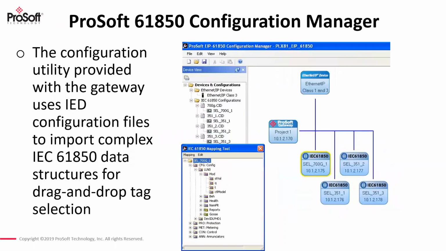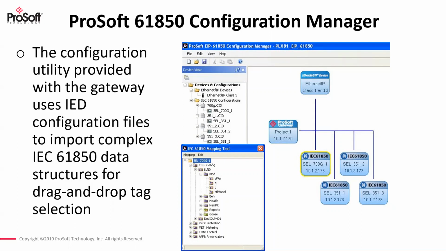And some of the things that we did with this module was we have a configuration manager software. And what this configuration manager software does is it allows you to bring in configuration files from the various IEDs that are used in substation automation. And those configuration files basically define all the data that's within an IEC 61850 device. So if you think about it in regards to EtherNet/IP networks, these configuration files are similar to EDS files.